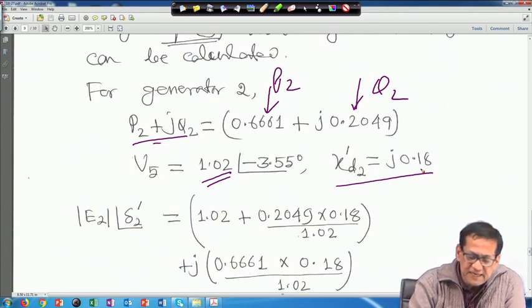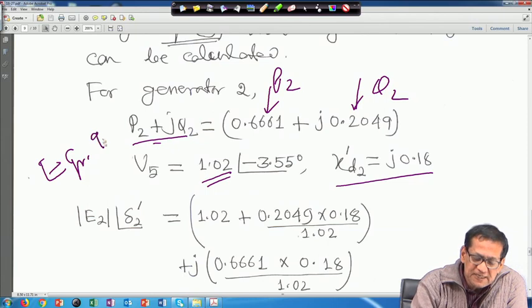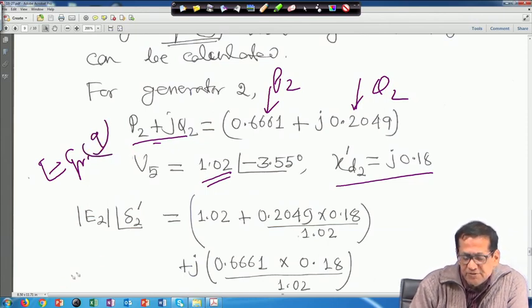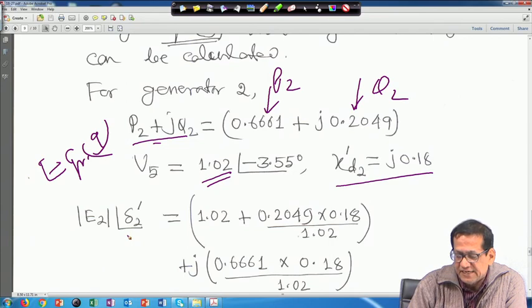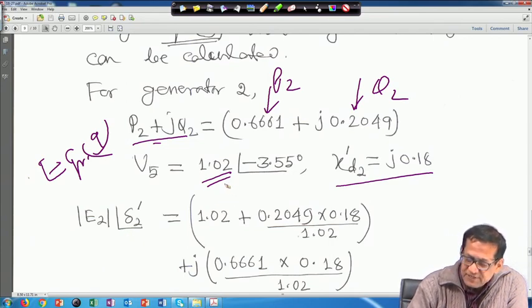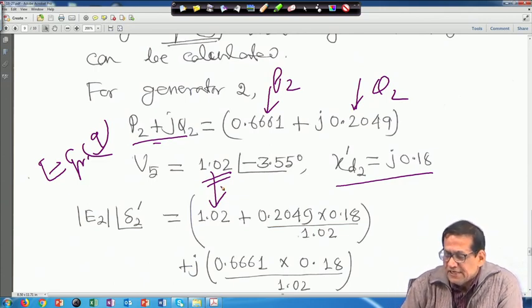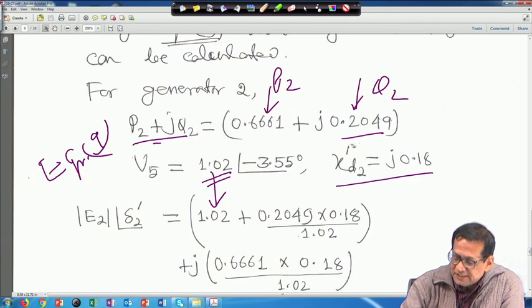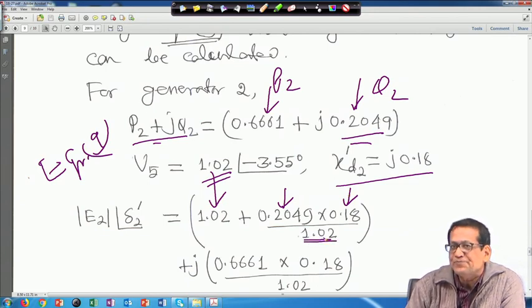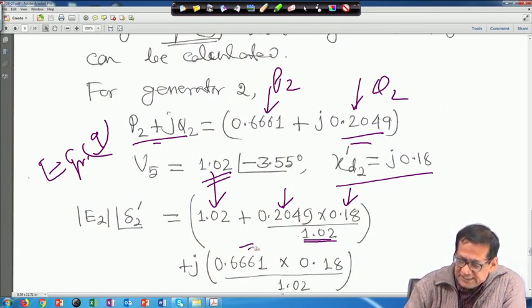Go back to equation 9. We can write the magnitude of E2 angle delta 2 dash as V5 plus Q2 into Xd2 dash divided by V5, which is 1.02, plus j P2, 0.6661, into Xd2 dash divided by V5.